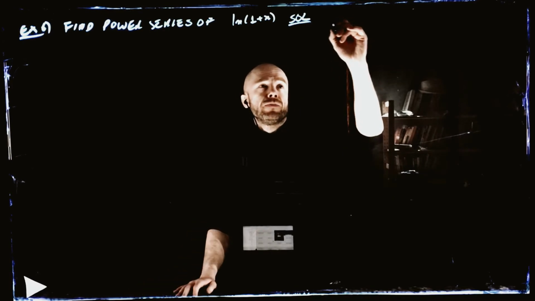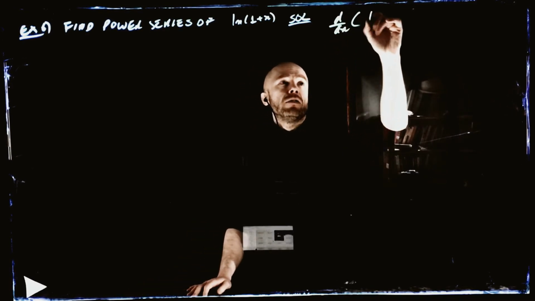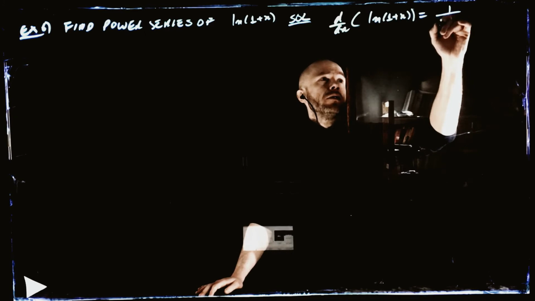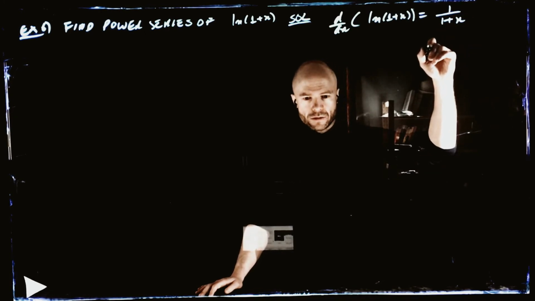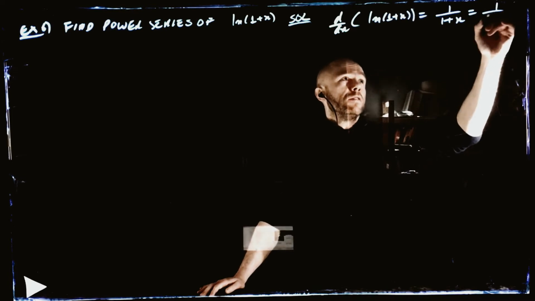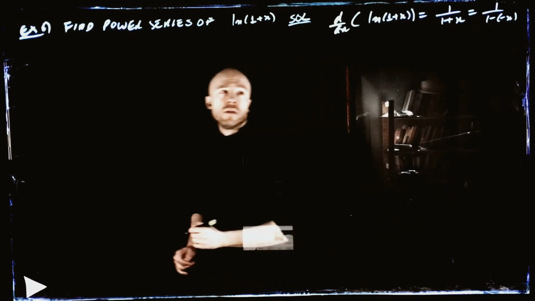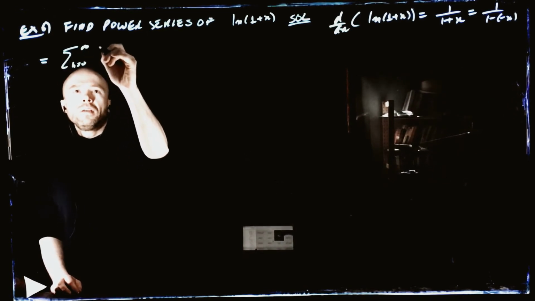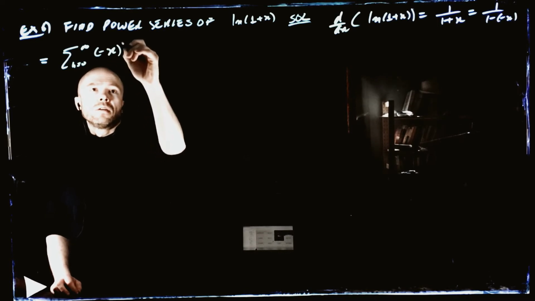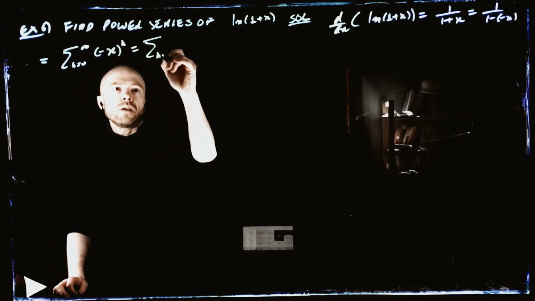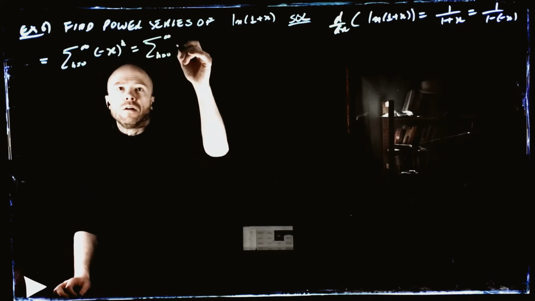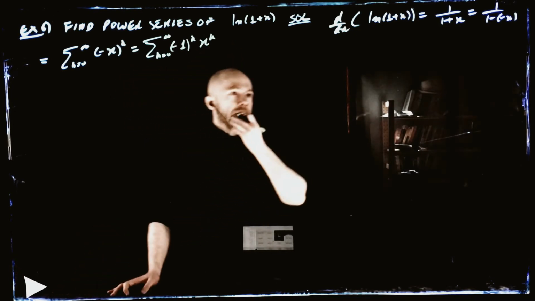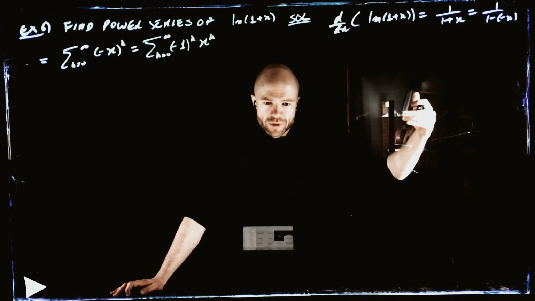So notice d by dx of log of 1 plus x becomes 1 over 1 plus x, like this, which is 1 over 1 minus minus x, which is this power series expansion, the sum k equals 0 to infinity of minus x to the k, which is this thing, k equals 0 to infinity of minus 1 to the k, x to the k. So we can take its derivative, and that thing becomes something that we can represent as a power series.